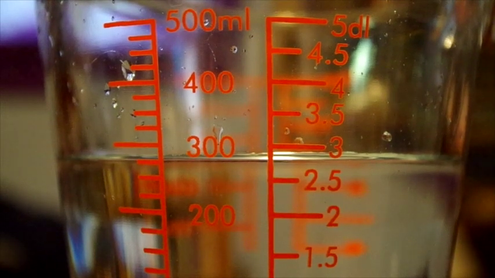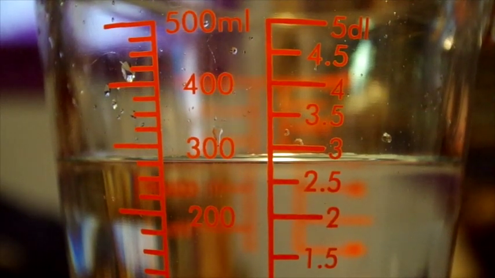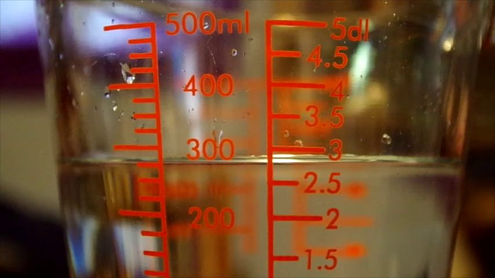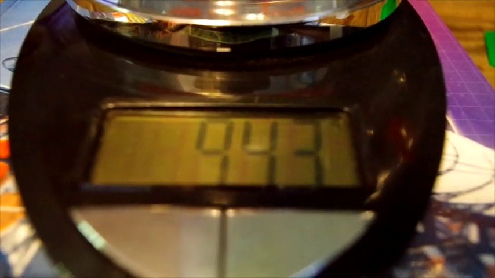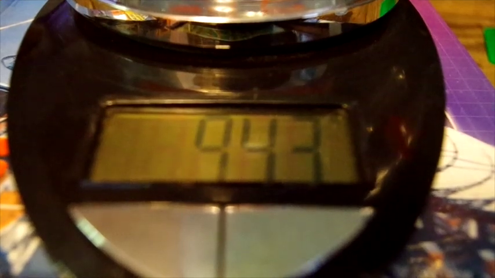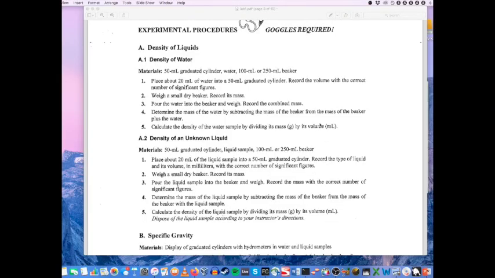If you now record the mass of this beaker again with water in it, you can see that the balance reads 943 grams. Now the density can be calculated using the equation in the manual.